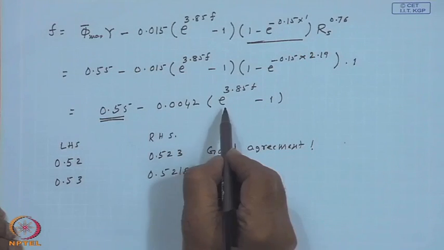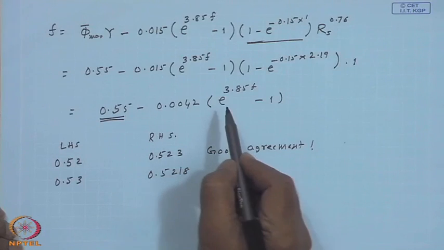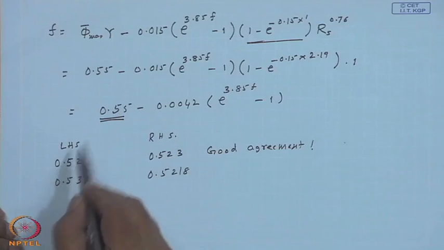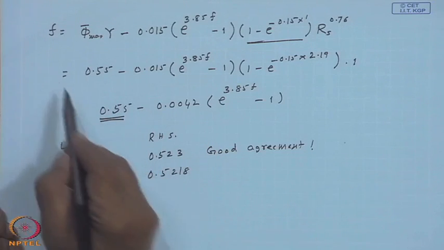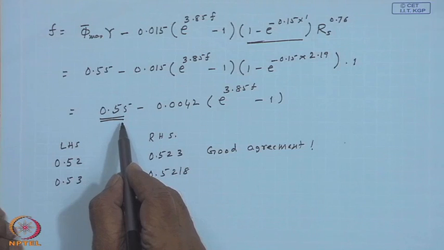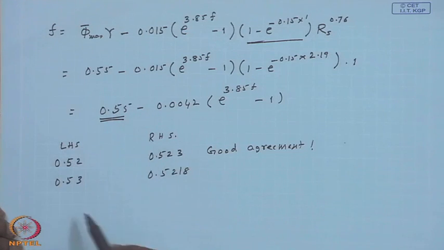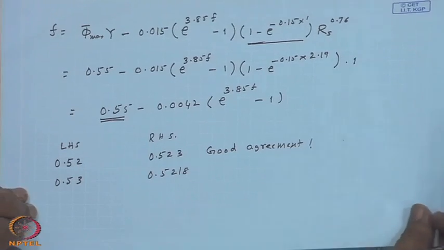It is only just if you have the calculator, particularly a programmable calculator. Even if you have no idea, except that it will be nice if you know that f will be less than this phi bar max y, and particularly f should be less than 1, then the iteration is not a difficult thing. It does not take more than 5 minutes.